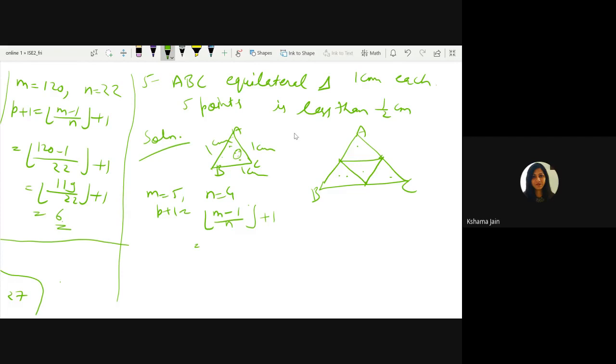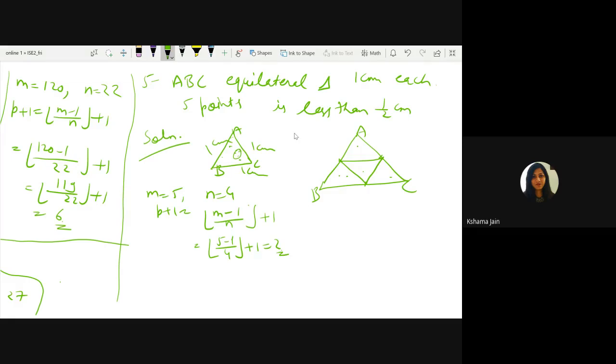Actually, it's not showing the distance by this formula, so that's why I need to explain in theory. 5 minus 1, that is 4, plus 1, that is 5. Okay, so it's showing that one of the small triangles will definitely have at least 2 points.